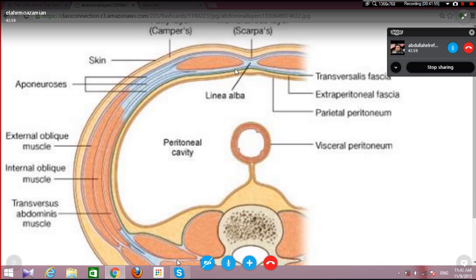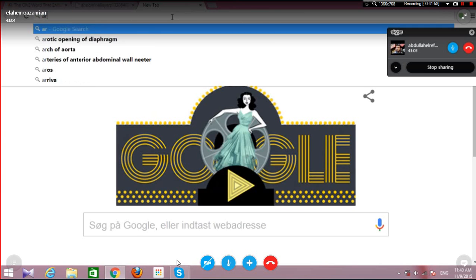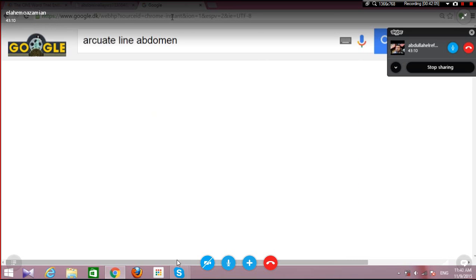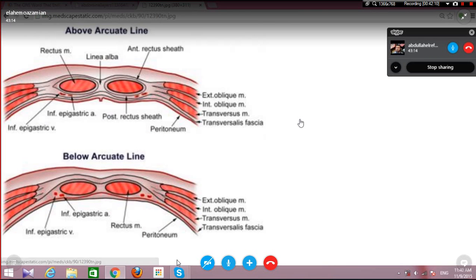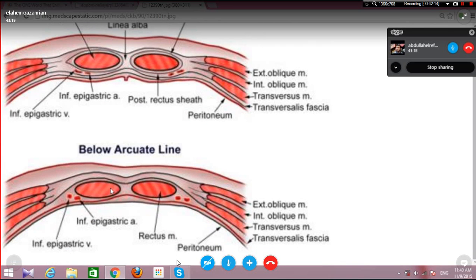Now let me show you something. Look. Can you understand the difference between these two pictures?